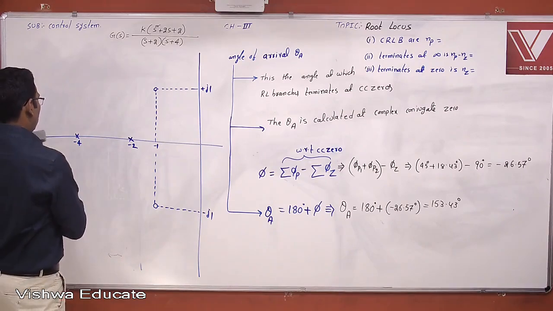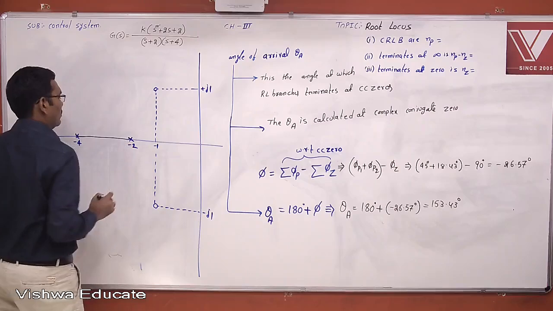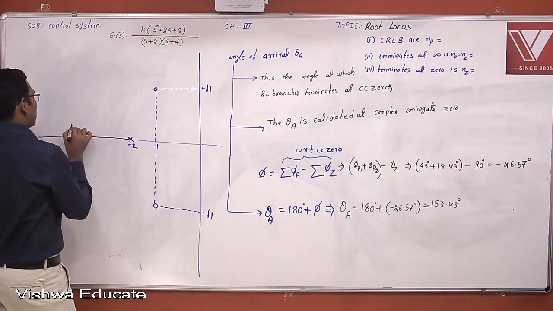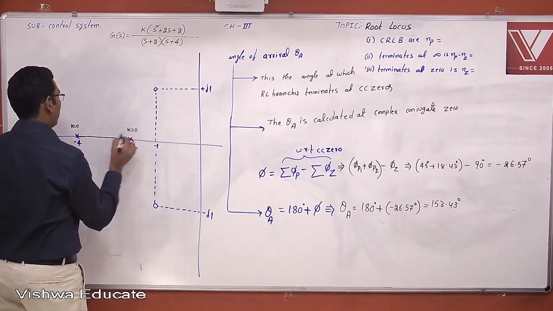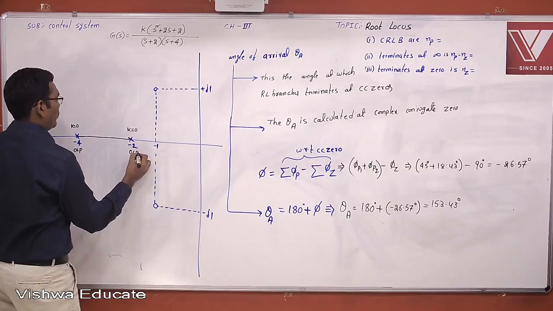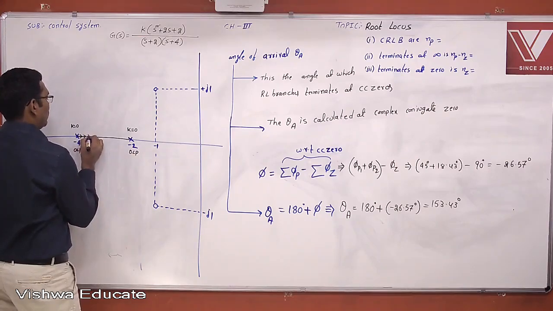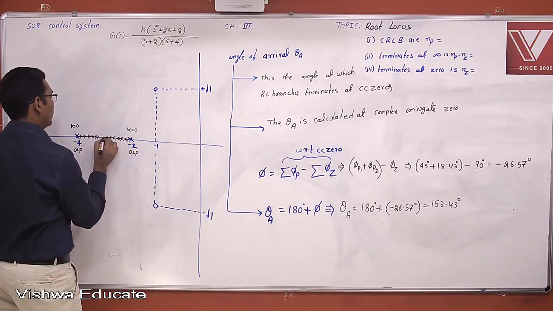This is the root locus branch. Now the root locus diagram starts with K equals 0, starts at the open loop poles. As K is changing, the closed loop poles are moving.